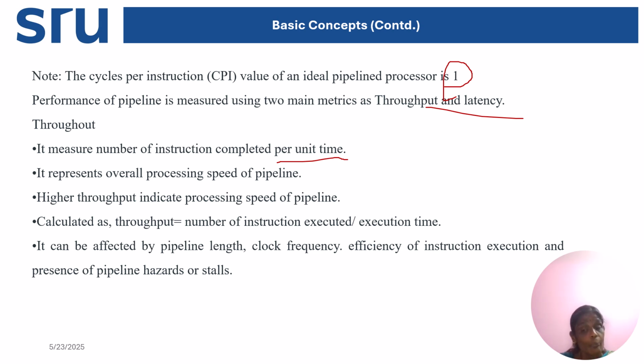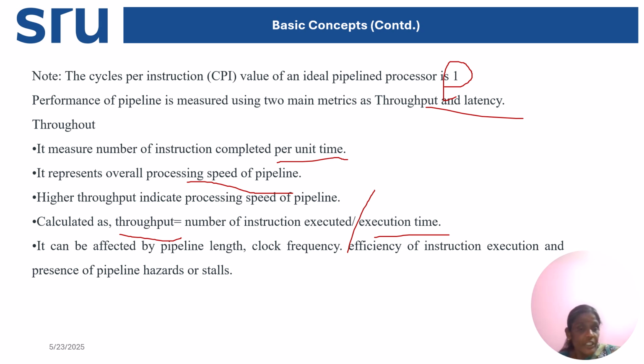It represents the overall processing speed of the pipeline. Higher throughput indicates higher processing speed of the pipeline, and it is calculated as throughput equal to the number of instructions executed per execution time. So in one unit of time, how many instructions are executed, that is equal to the throughput.